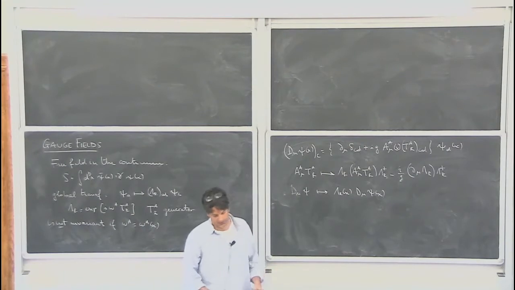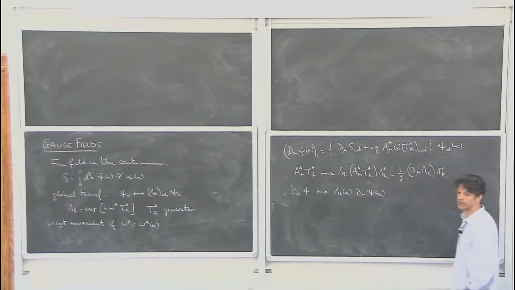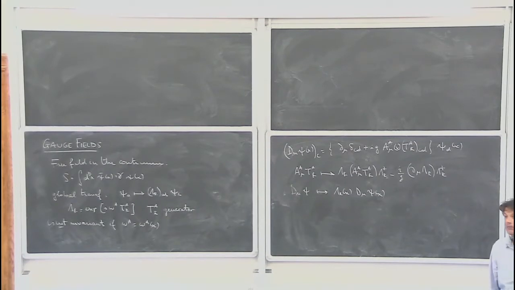So the covariant derivative transforms in a covariant way, and therefore the theory becomes symmetric. This is all stuff that you've seen before.